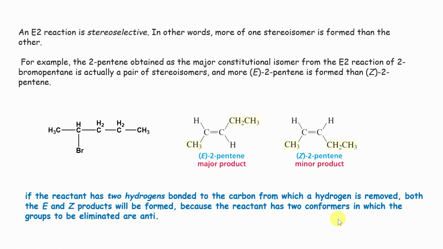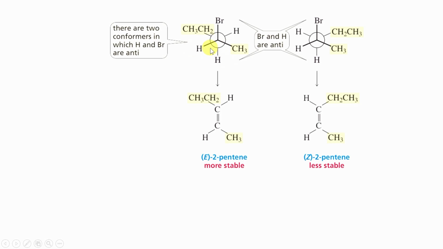2-bromopentane. Okay, see, these are the two conformers of 2-bromopentane in which hydrogen and bromine are anti. In this conformer, this bromine and the hydrogen on the next carbon atom, the beta carbon atom, are anti. It is one of the conformers. And another conformer where the bromine and hydrogen are anti to each other is this conformer.